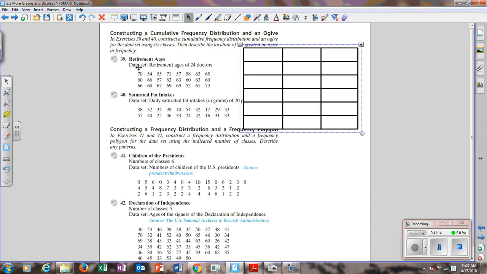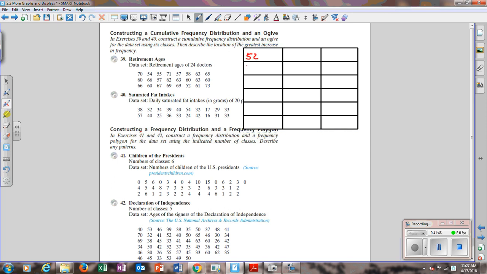Okay, so find the lowest stage. So far it is 54, 52. 52 is the lowest stage, and the highest stage is 73. So you do 73 minus 52, divide that by 6.